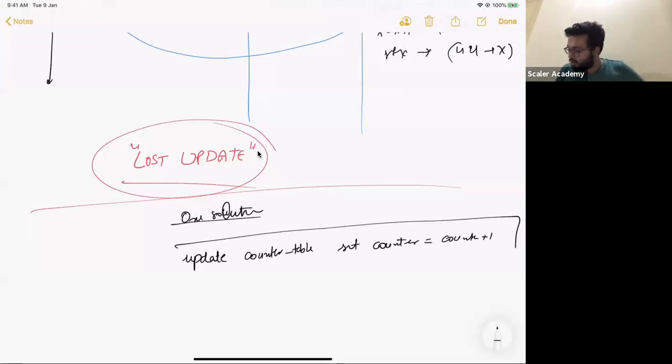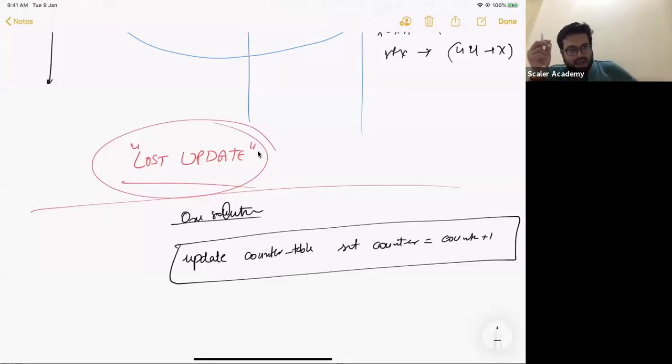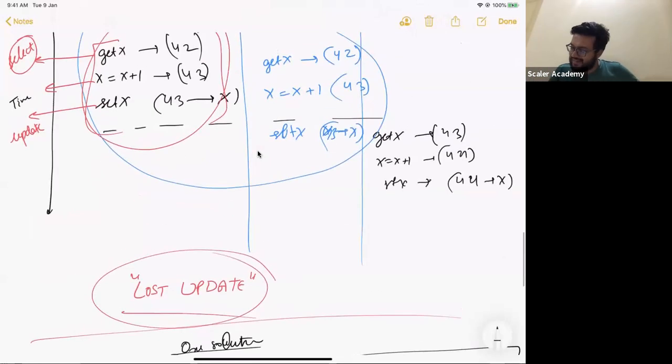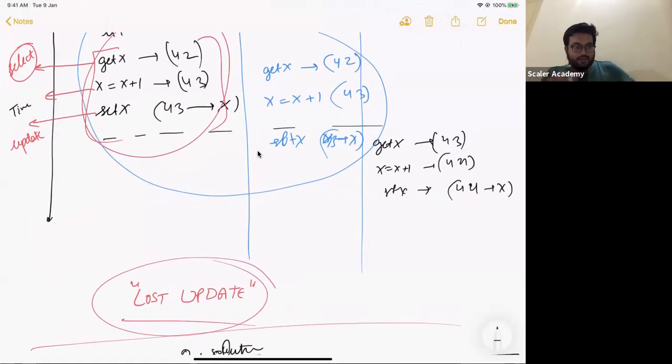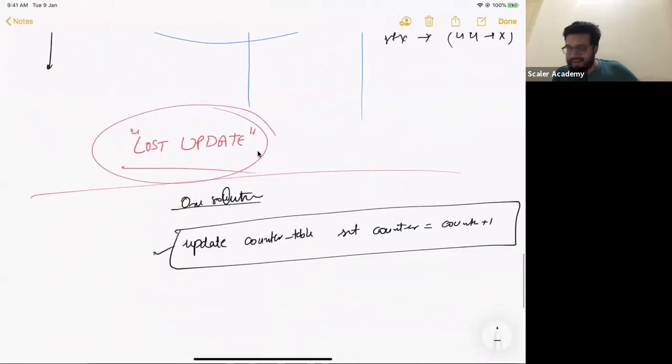Do you see what we are doing here? Just in one statement, I am performing all these three tasks together. Fundamentally, at the clock cycle level, these things will not be a single operation, but still, out of the box, MySQL will give you a guarantee that this thing will occur completely before anything else can occur on this particular data. Do you see what is happening here?